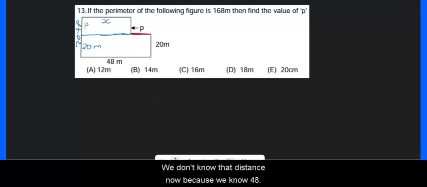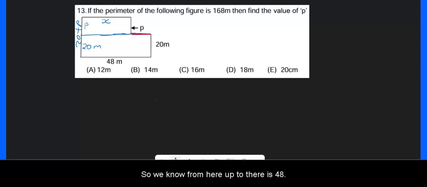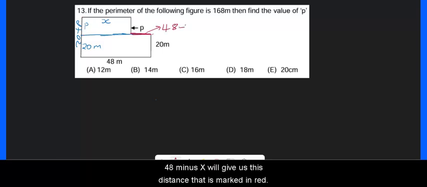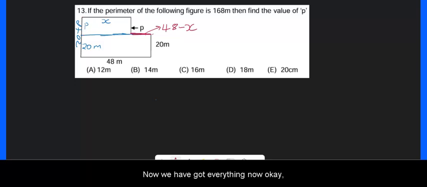We don't know that distance now because we know 48. So we know from here up to there, it's 48. But we don't know from there to there, it's X. So here we will have the whole distance 48 minus X will give us this distance that is marked in red. Now we have got everything.